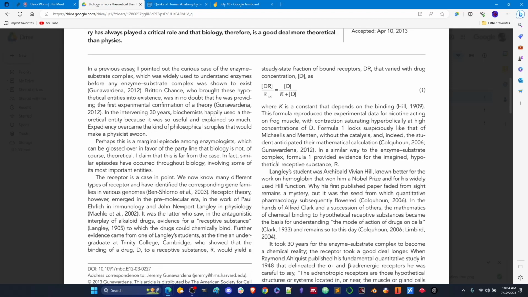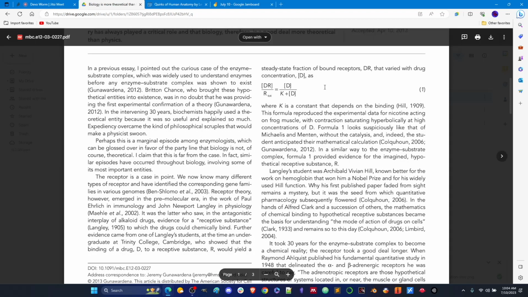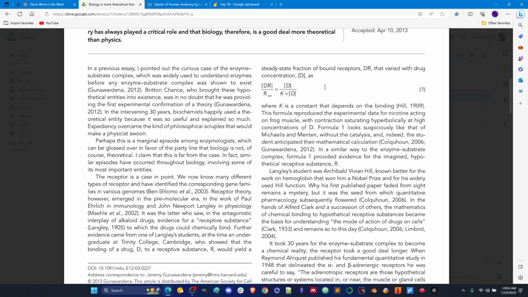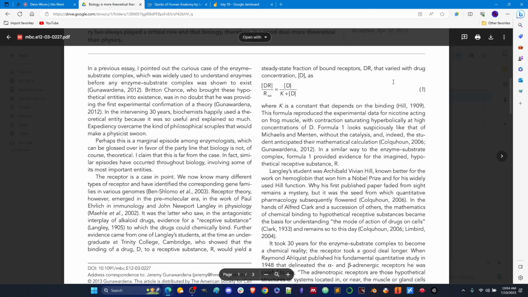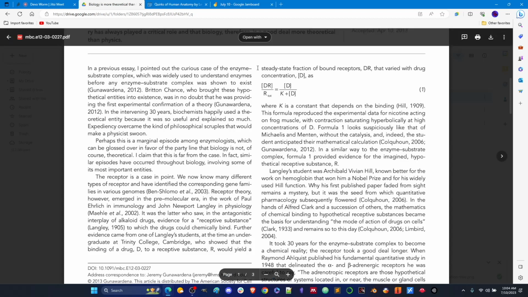And so he talks about the receptor and some of the equations that they developed to describe a receptor. And these are all theoretical things where you have constants and variables that you're coming up with. This is what it should look like. So this is the Hill function.